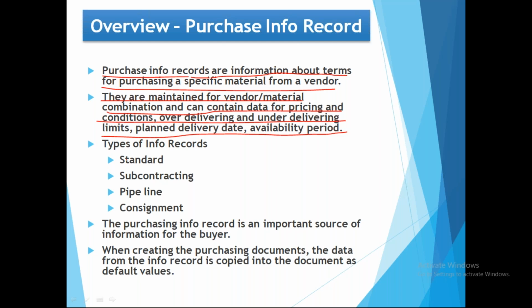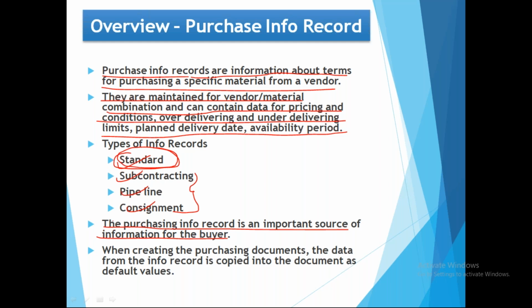There are 4 types of info records: standard, subcontracting, pipeline, and consignment. Today we will create a standard info record. The remaining info records we will see in later classes. The purchase info record is an important source of information for the buyer, the purchasing officer.